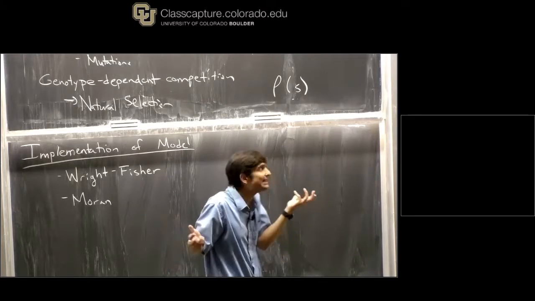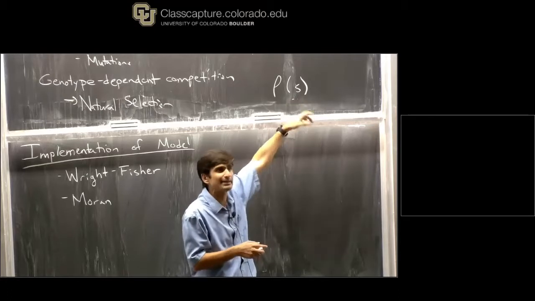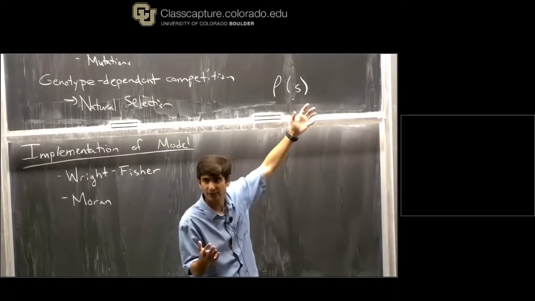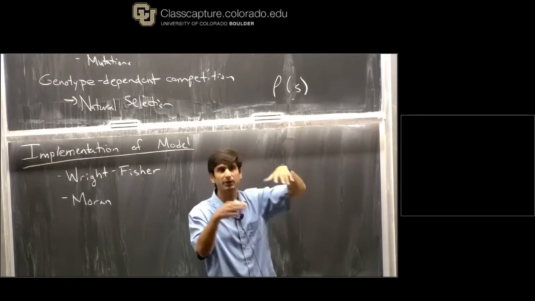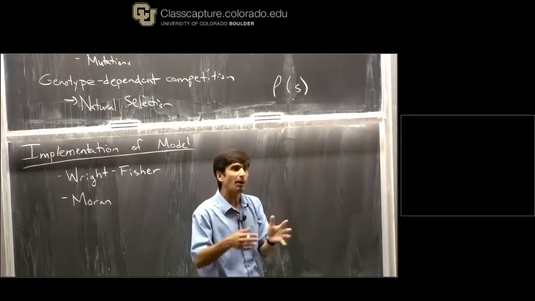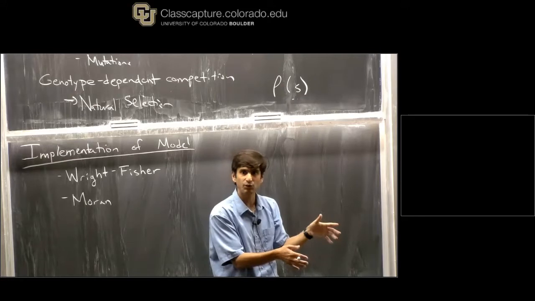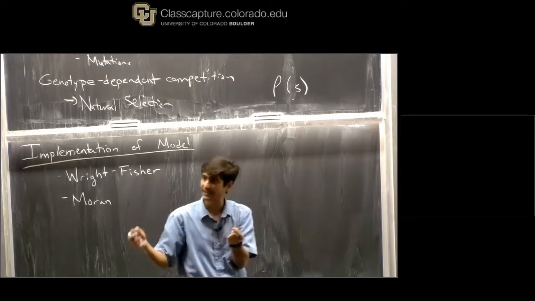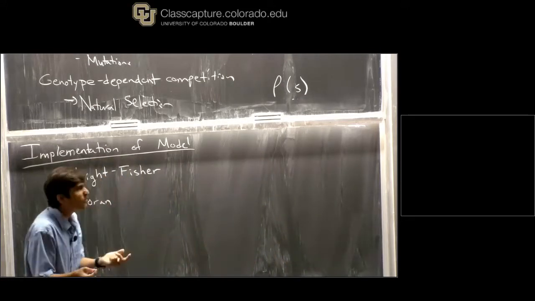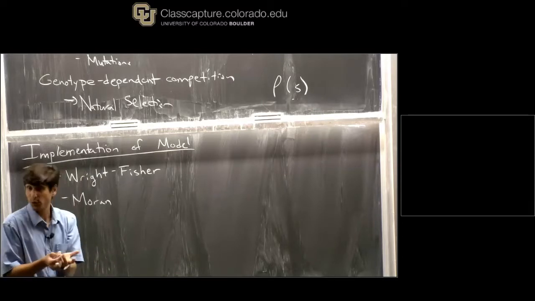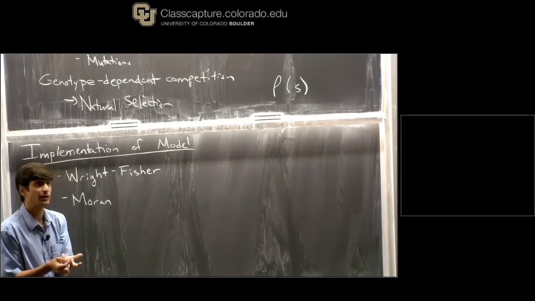Okay? And so the idea is, each of these S's might be plus 1% or minus 3% or plus 5% or whatever. Positive numbers refer to beneficial mutations, negative to deleterious mutations. At the end of the day, you add these all up, you get some number. And so what we do is we say, okay, first of all, what is the average fitness of the population?